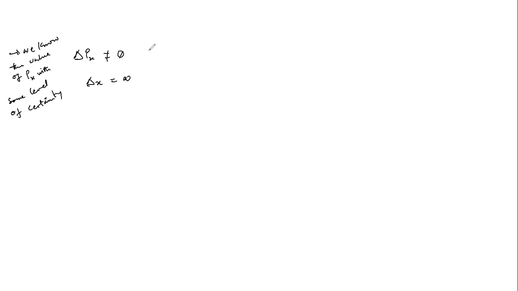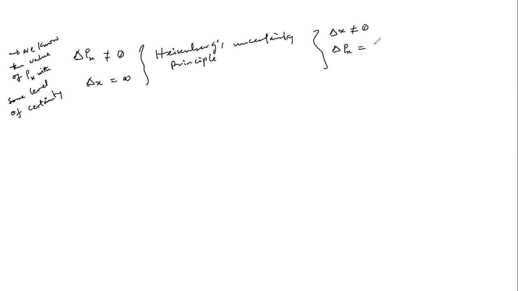So, by Heisenberg's uncertainty principle, if we decide to know the value of the position, then the momentum is completely uncertain.